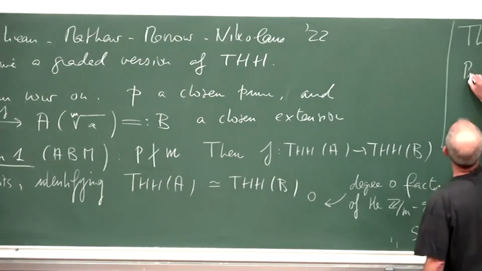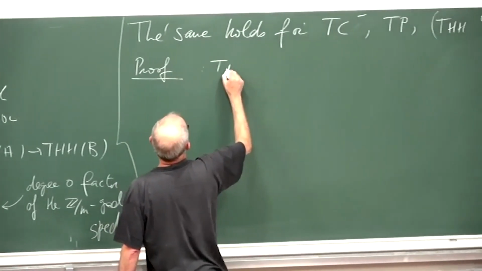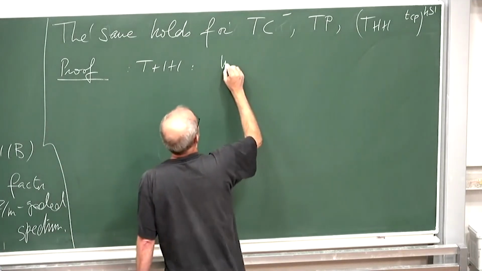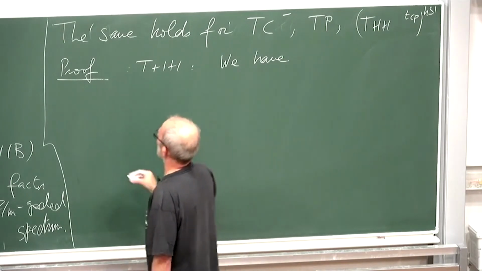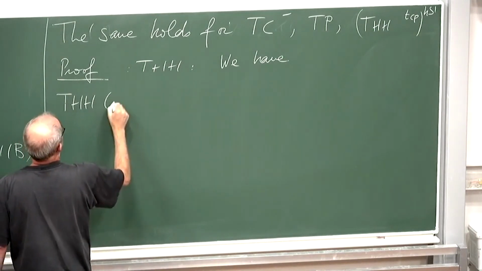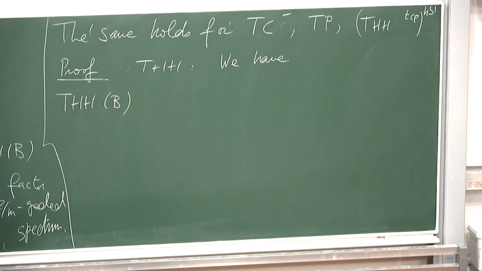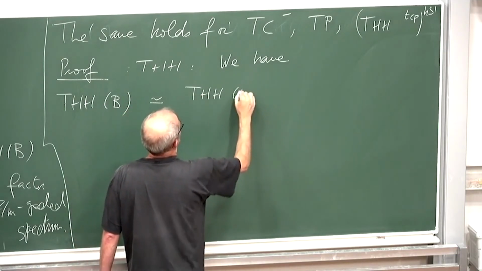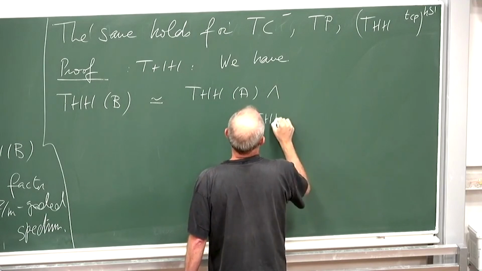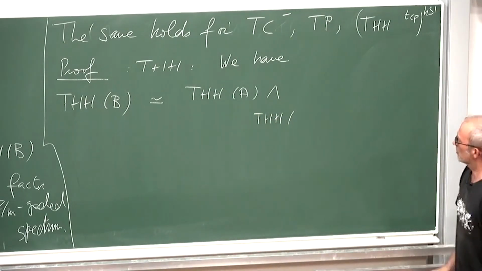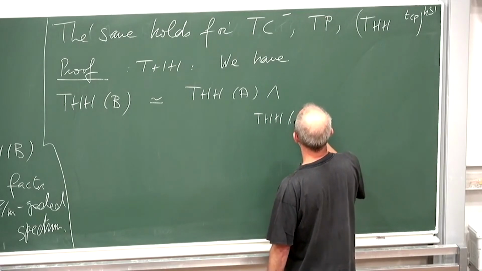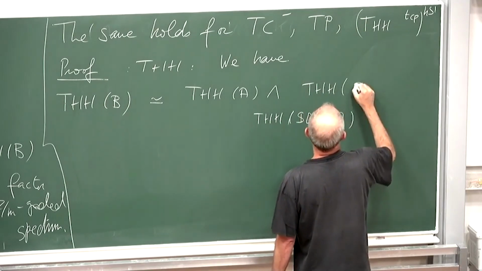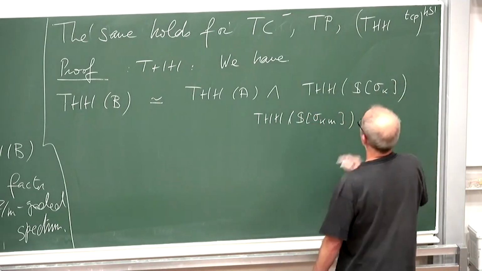So the proof for the THH case: we have a formula for THH of B using the construction of the root adjunction, and just juggling the cyclic bar construction, you get such a formula.